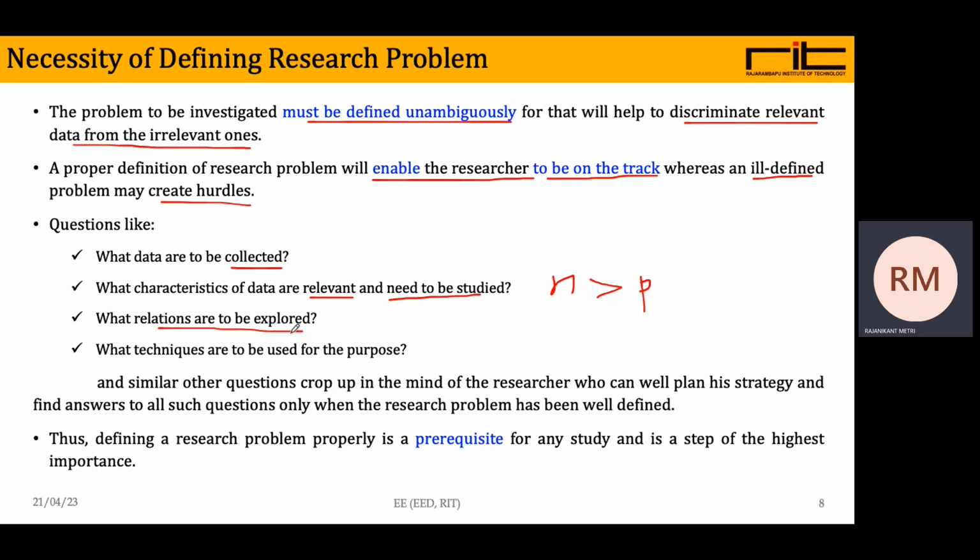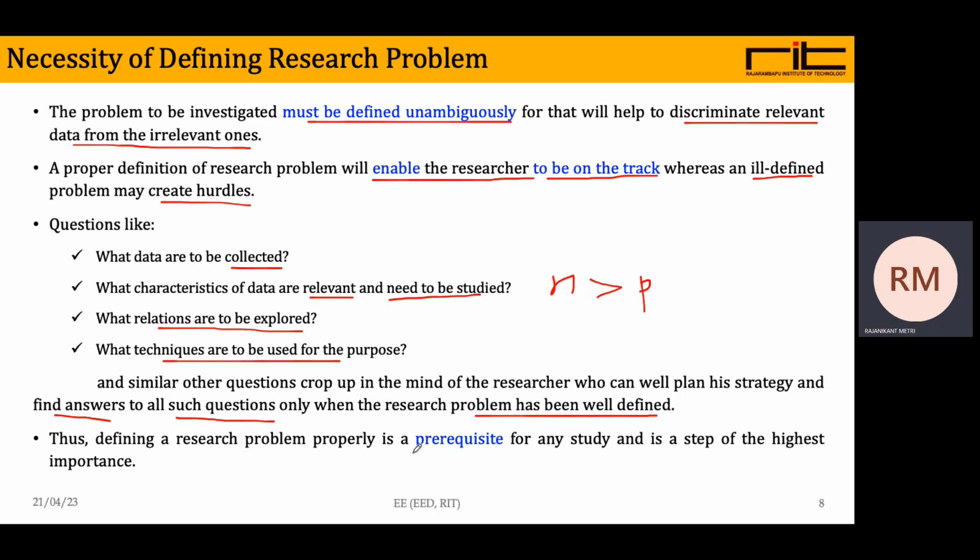What relations are to be explored, how can we relate these two, what techniques are to be used for this purpose, and similar other questions come to the mind of the researcher. He can then plan his strategy, try to find answers to all such questions, and then define his research problem. So through these questions, one can frame the research problem and make it precise and concise.